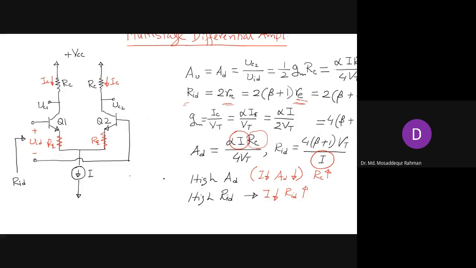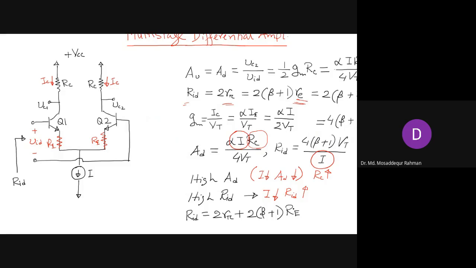So what will be the input resistance in this case? In this case, input resistance RIT will be 2R pi plus 2 times beta plus 1 times R, right?